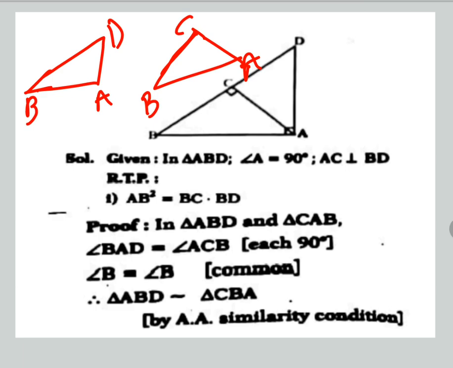Angle BAD is 90 degrees and angle BCA is also 90 degrees.